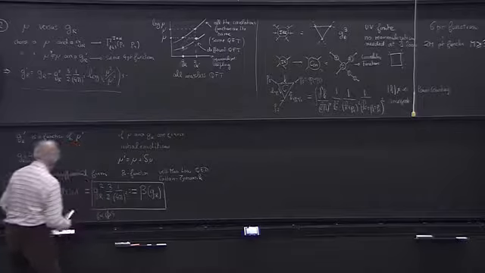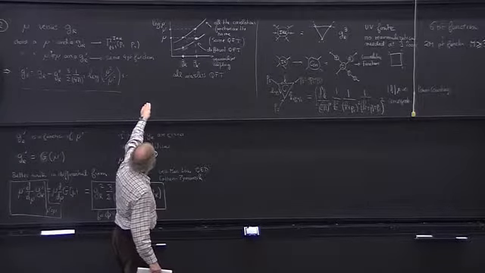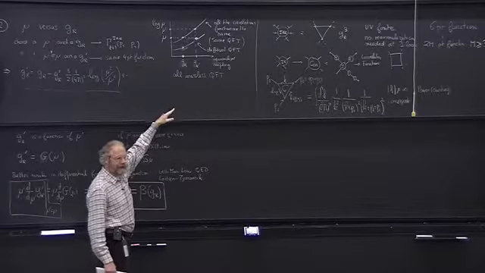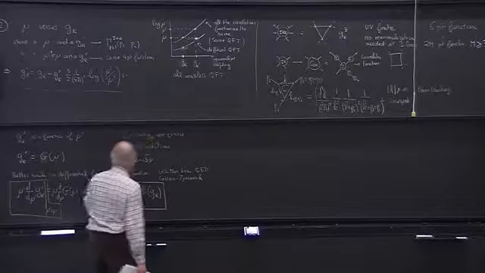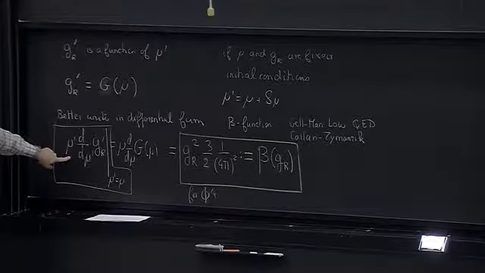So if you know the beta function, you know how the coupling g_R varies with the choice of mu, because you just have to integrate the beta function.